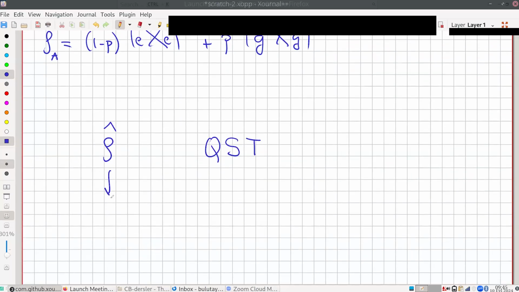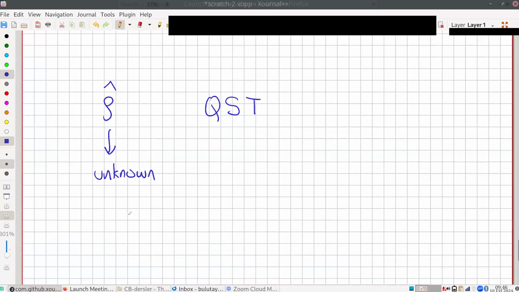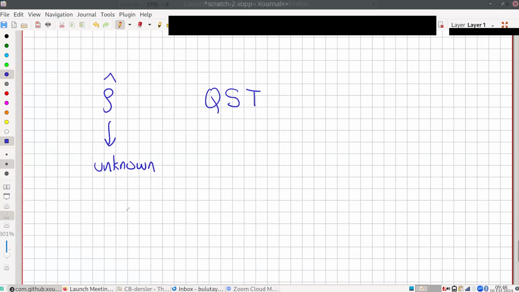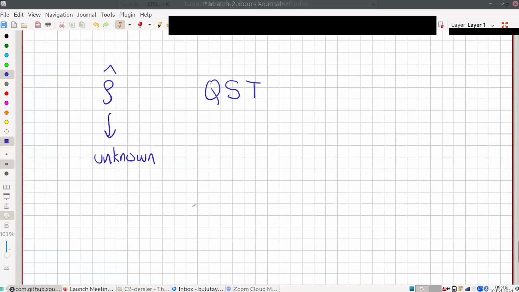If you have an unknown density operator, how do you learn it? By experiments. So it's an experimental technique, but it's very expensive. Quantum state tomography is very expensive.